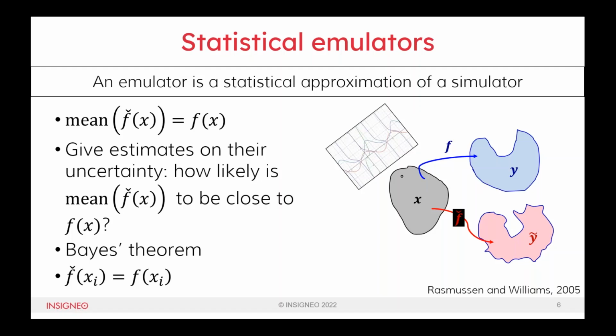And a very important thing about the statistical emulator is that the error it makes on the training data set is 0. So when you compute your emulator and you evaluate it on the training points, you have exactly the same behavior as the simulator does.